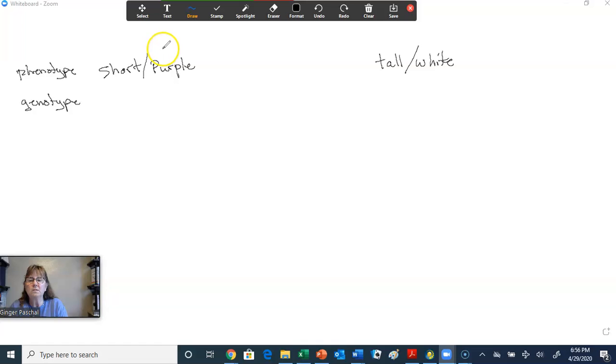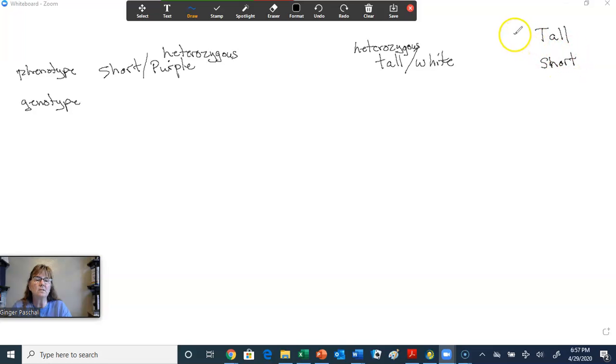We're going to say this is heterozygous for purple, and we're going to say the tall is heterozygous. Now, we don't have to say whether the tall or the short is heterozygous or homozygous, because since it's short, short is recessive. So tall is dominant, short is recessive. So I have a capital T and a lowercase t.